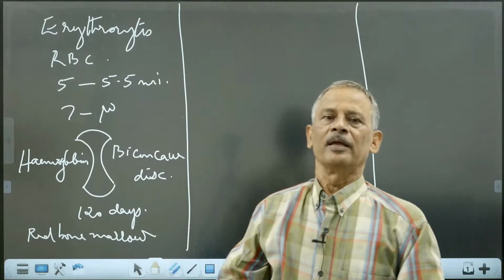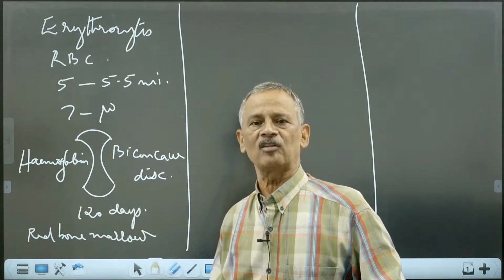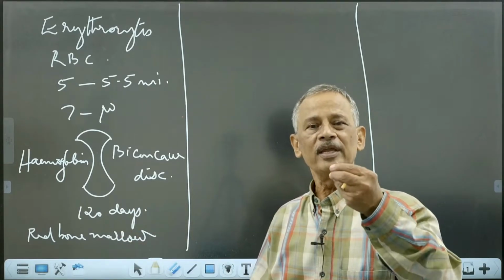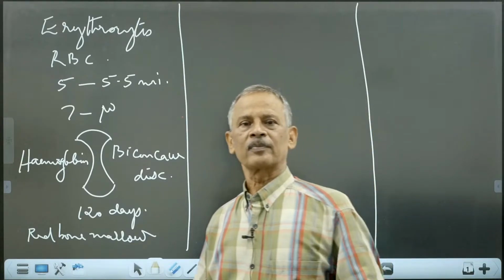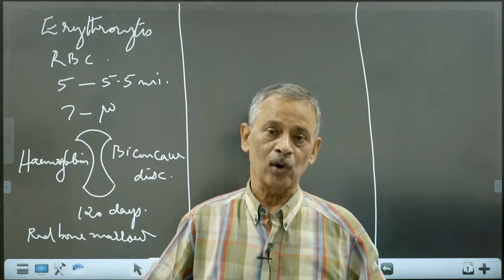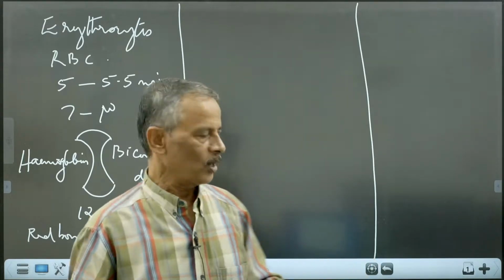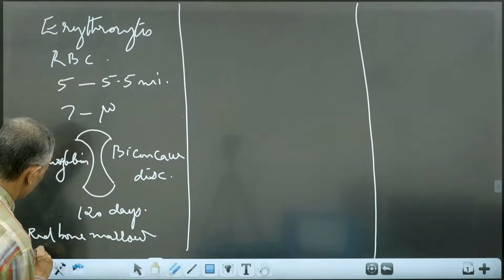Okay. Now, when they become old, I told you it is having an average lifespan of 120 days, they will be destroyed in the spleen. That's why the spleen is called the graveyard of RBCs, because they will be all broken down.